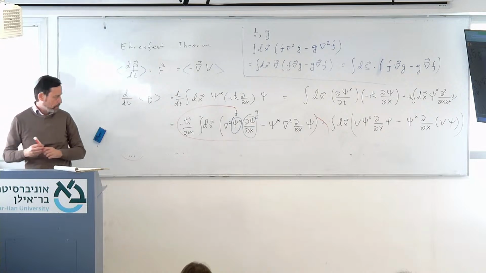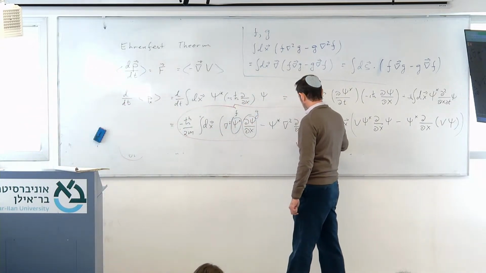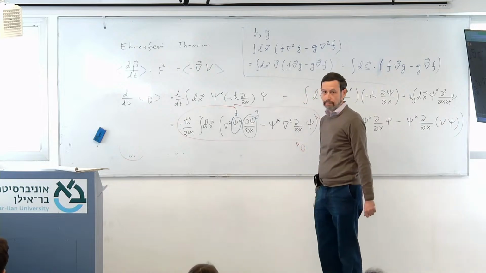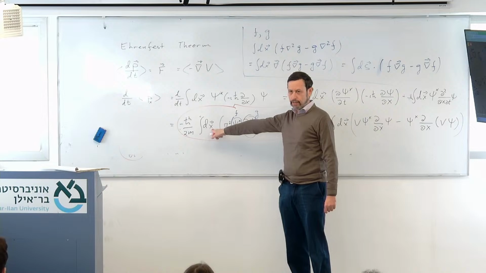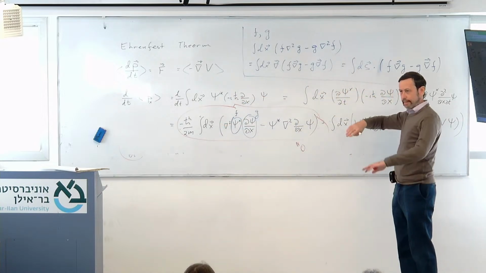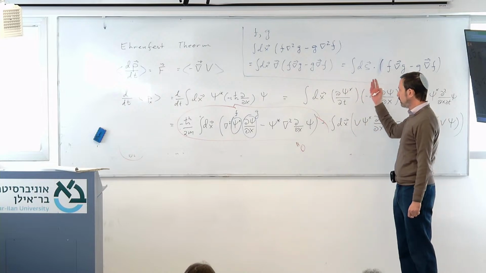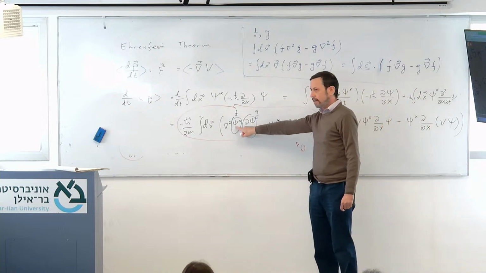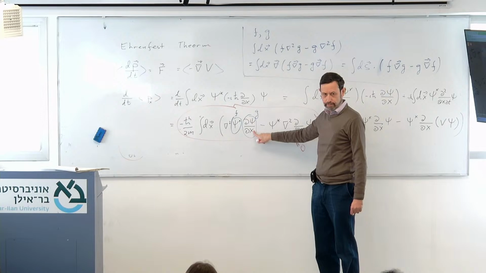So try to make last use of this. Why? Because the integral over volume becomes integral over the surface at infinity, and at infinity this guy and this guy must go to 0.